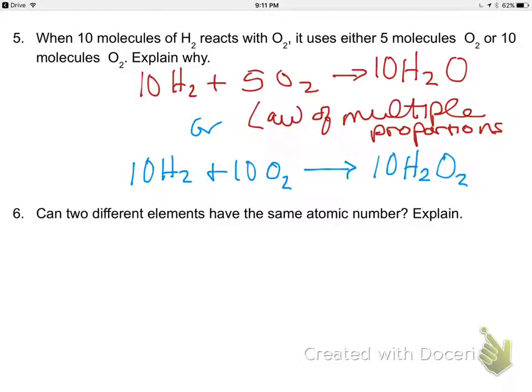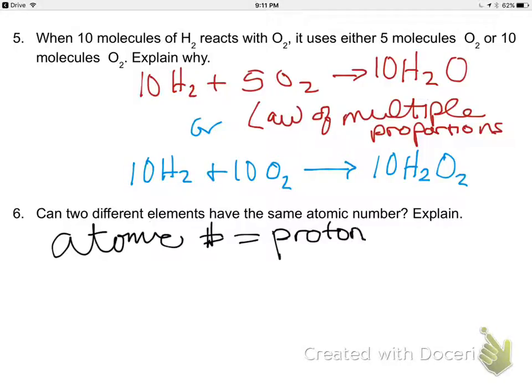Can 2 different elements have the same atomic number? Well, atomic number tells us how many protons something has. And we said that an element's properties come from the number of protons it has. So the answer here is no. 2 different elements have to have different atomic numbers. Otherwise, they would be the same element.